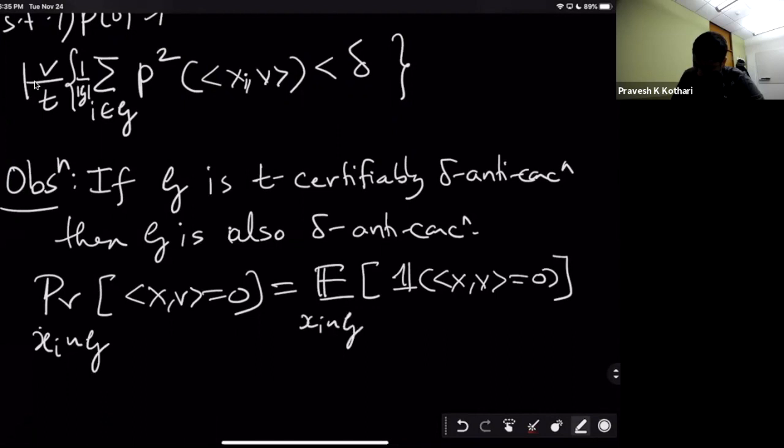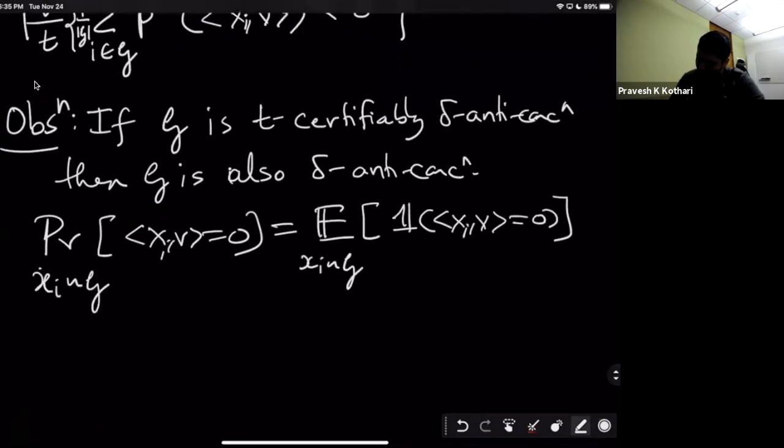Sorry about that. And now here is the observation. This indicator function is 1 at 0, and it's 0 whenever x dot v is not 0, right? So I claim that this indicator of x dot v is always upper bounded by this polynomial that I have.